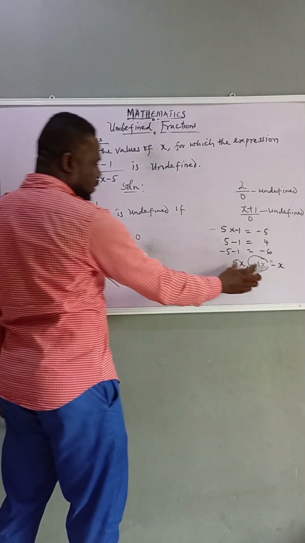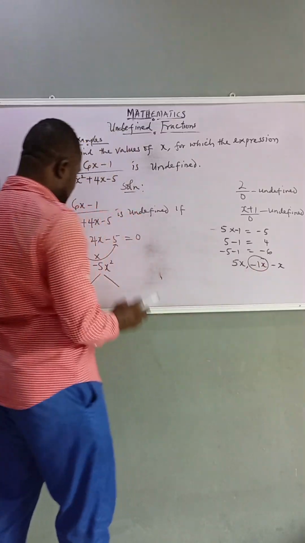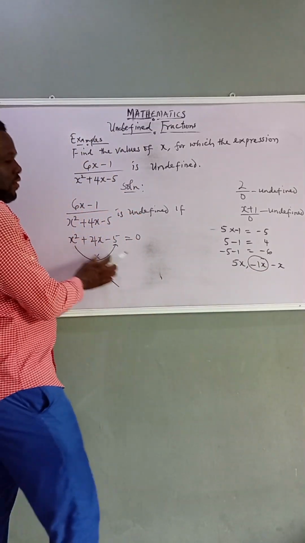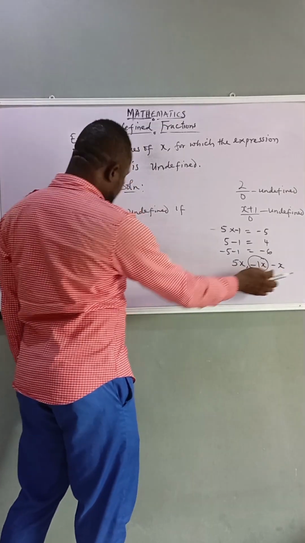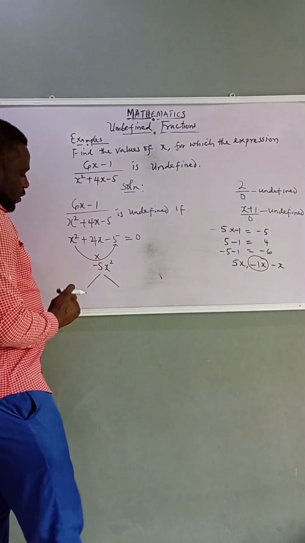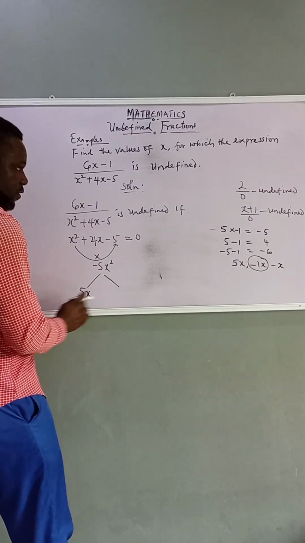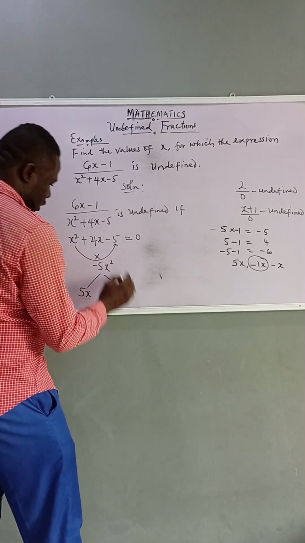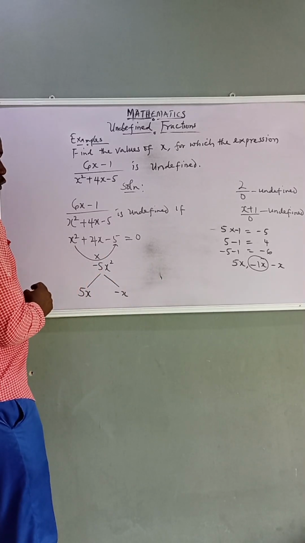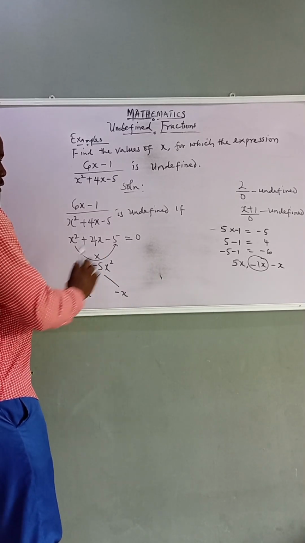So we're going to be replacing 4x with 5x minus x, because 5x minus x will give us plus 4x. So our equation, these are two factors, 5x minus x.